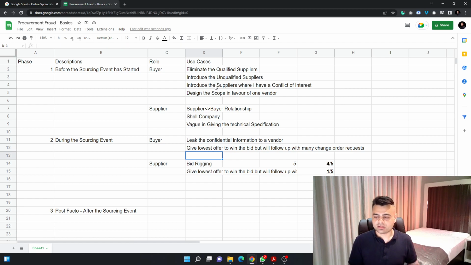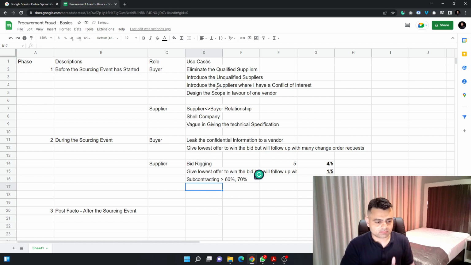The third use case during the sourcing event is subcontracting, let's say greater than 60% or 70%, and again, there's no value addition by your principal supplier. It's the subcontracting which takes care of this.